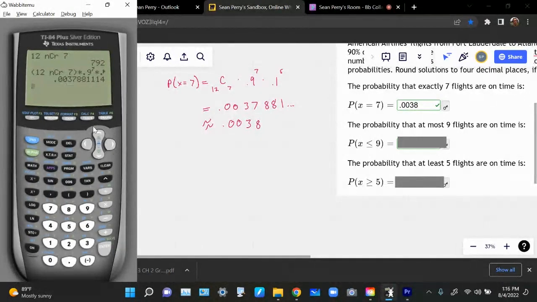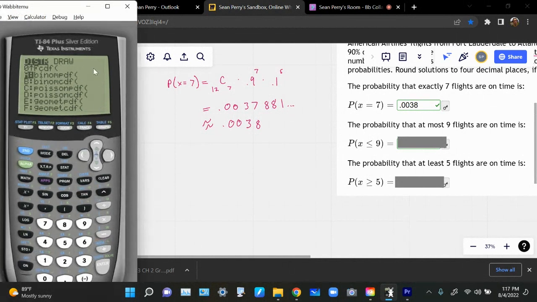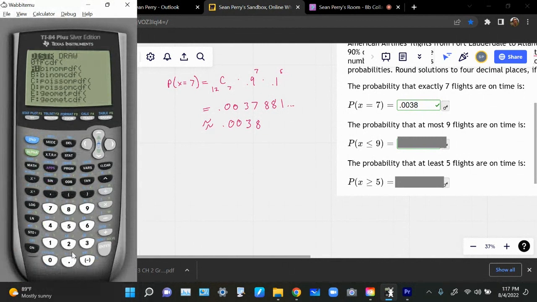Before we move on, we should note that there is also a function on the calculator that will do binomial calculations. So 2nd distr, and then let's go up to binomPDF. When we click on that, we are prompted for the number of trials, which is 12, p, which is 0.9, the probability of being on time, and the x value we were interested in, which in this case was 7.